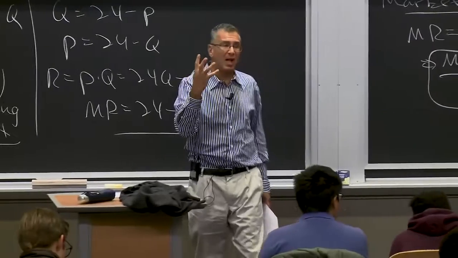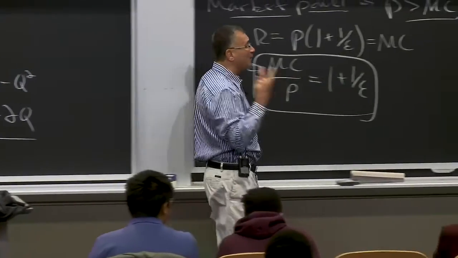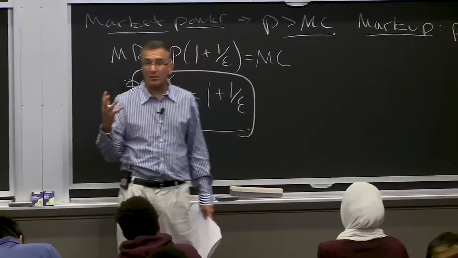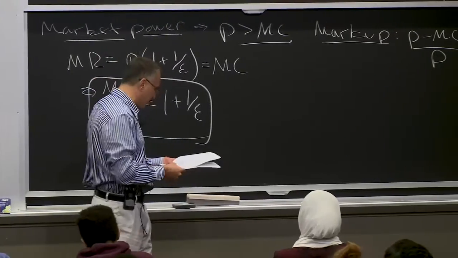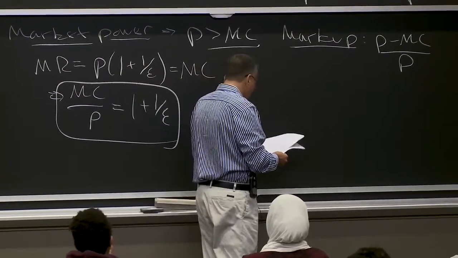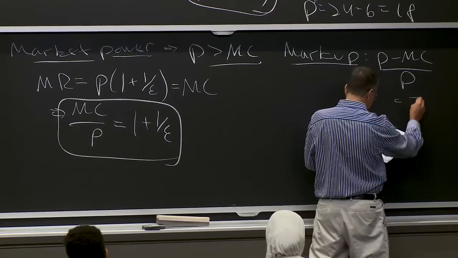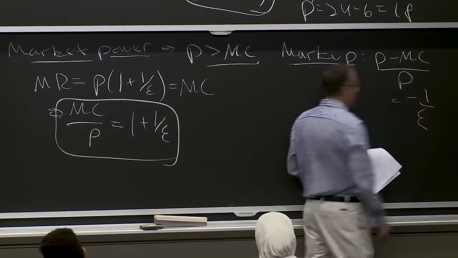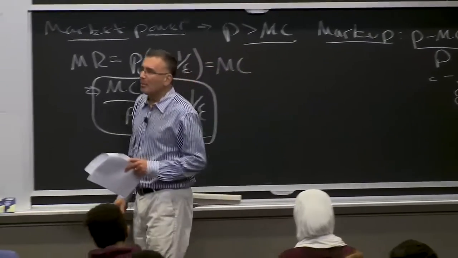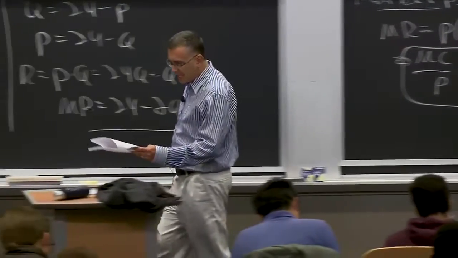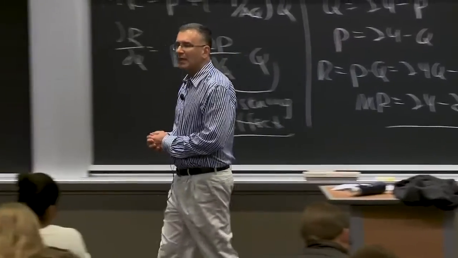It's sort of an intuitive concept. So basically, how much of the money you get for the unit is a markup as a share of the money you get. Then that is equal to minus 1 over the elasticity of demand. So the monopolist markup is equal to minus 1 over the elasticity of demand.